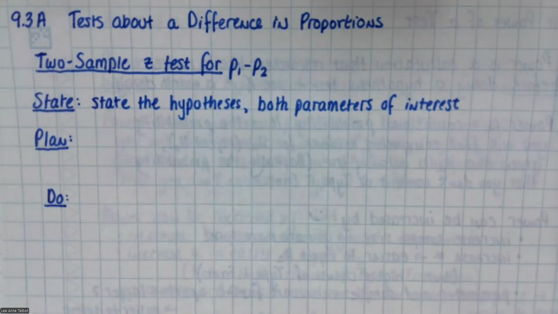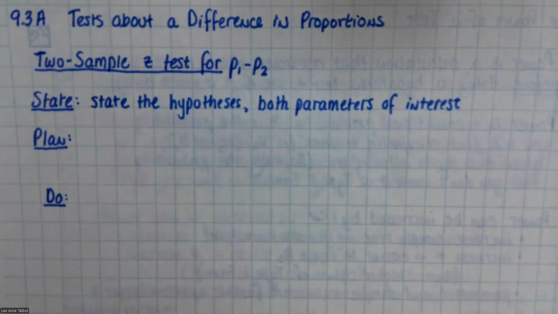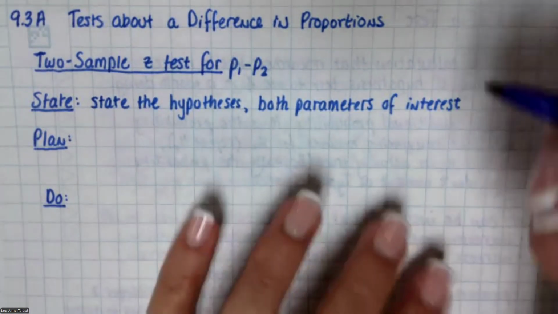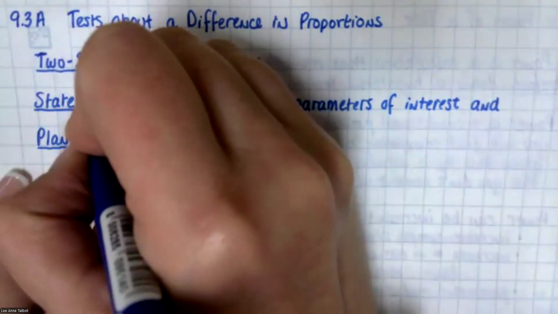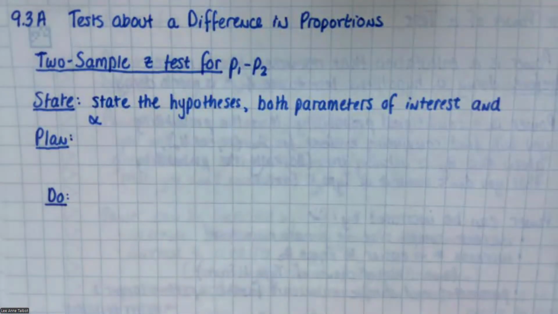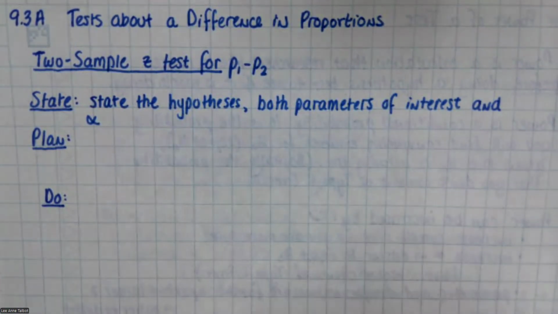So like, I don't know, just a completely wild idea, random context, like proportion of home minus proportion away type thing. Just a completely randomly chosen context. Okay, so state the hypotheses, both of the parameters, and alpha.